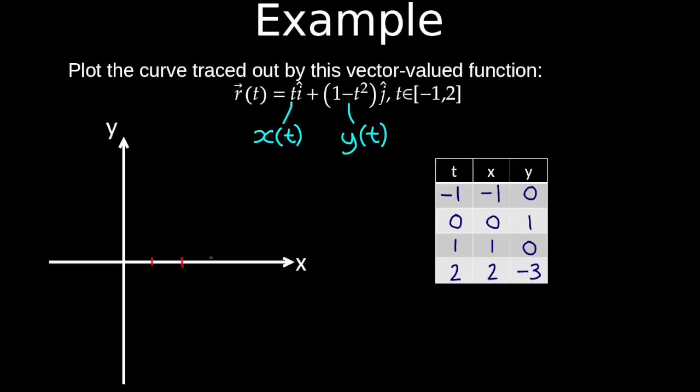And now we can draw vectors from the origin to these points. So the first point is at minus 1, 0, 0, 1, 1, 0, and 2, minus 3. So basically our curve is going to look something like this.